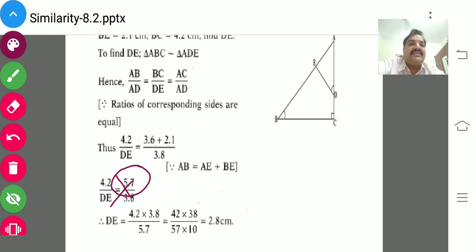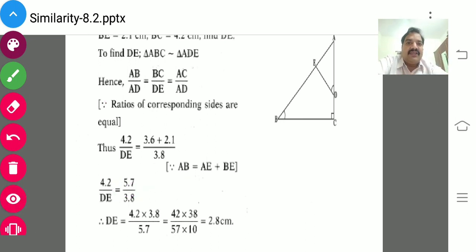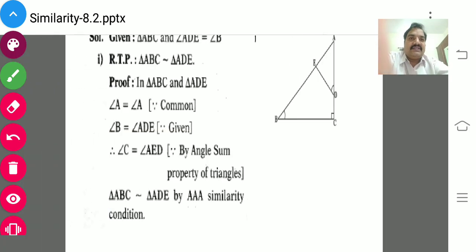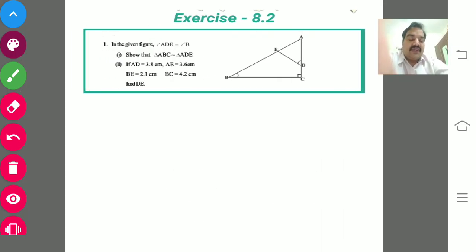DE into 5.7 equals 4.2 into 3.8 by 5.7. Do the calculation and you will get 2.8 centimeters. I hope you could understand. First you analyze the problem, then automatically you can reach your destination. So in the first question you have two problems, and I hope you understood them.